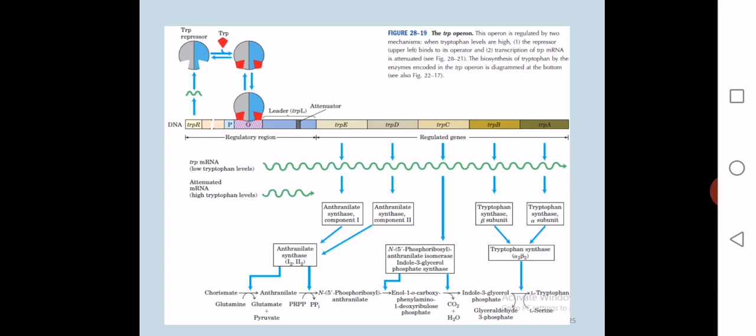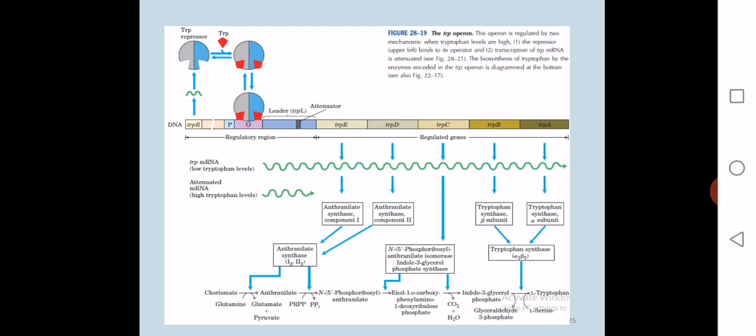And similarly, upstream to this trp operon, just like the regulatory protein of the lac operon, here also the regulatory protein is produced by another gene system or another operon system called trpR. And this trpR will produce a protein called the trp repressor.